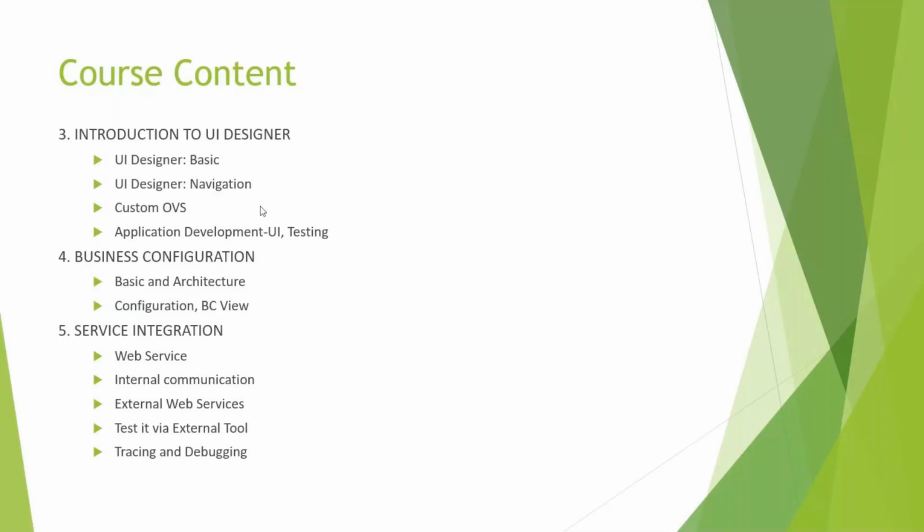Here we will cover the basics of UI designer, like types of screens and the creation of a custom OVS, and then basic testing, and how the screens will be visible in the UI, what actions happen in the backend once we click on a button, and any error messages or warning messages that we will check in the UI designer.